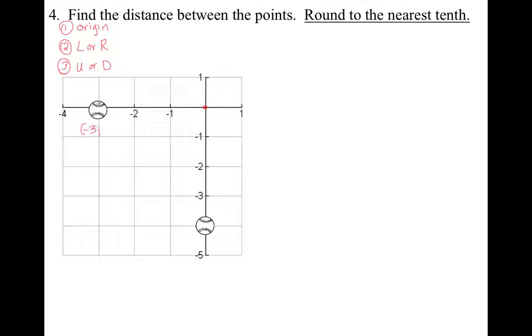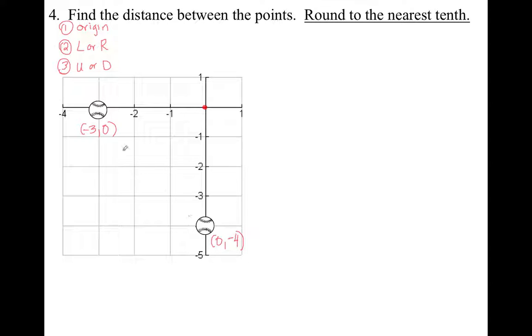And since I did not move up or down, that means my y coordinate is 0. For this one right here, it is on the y-axis, so that means that my x coordinate is 0 because I didn't have to move left or right. But I had to move down 4 spaces, so that means that my y coordinate is -4.